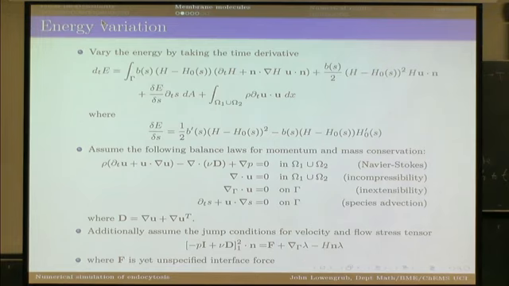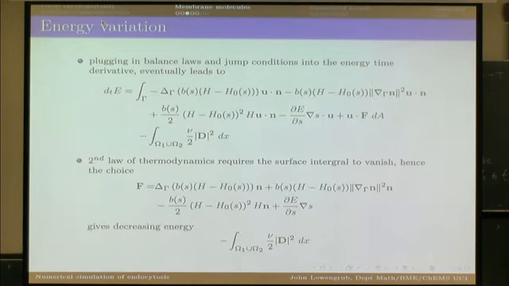This is the local inextensibility effect, the variable tension on the interface. Then to be consistent, you get this force, and this gives you a decreasing energy. Essentially what we had before was this piece, and this is the new piece over here.